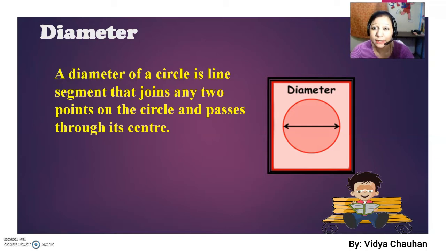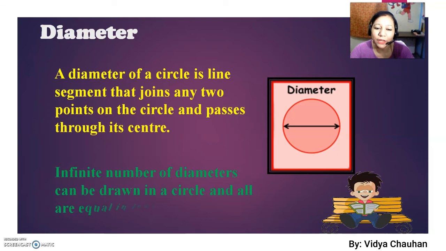This is the most necessary condition, students: the line should pass through the center. Just like radius, we have an infinite number of diameters in a circle, and the lengths of all the diameters are always equal for a particular circle.